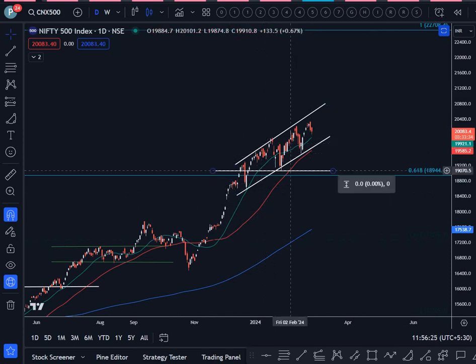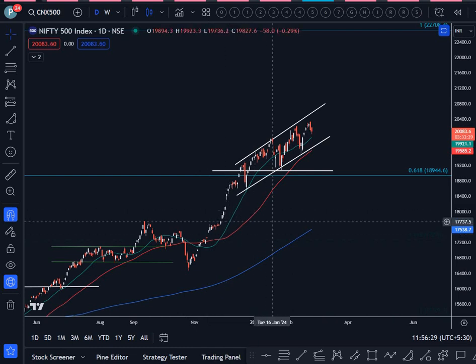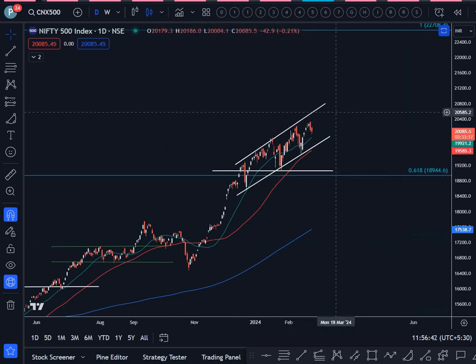So it's been moving in a particular channel, and recently it tried to touch the upper end of the channel, but didn't reach there. So that doesn't look great, but it's clearly in a channel movement right now.